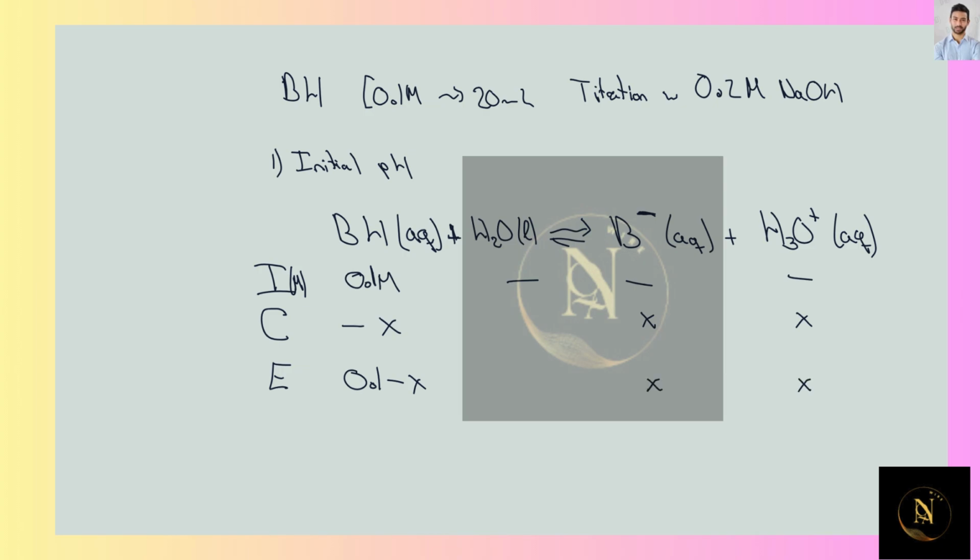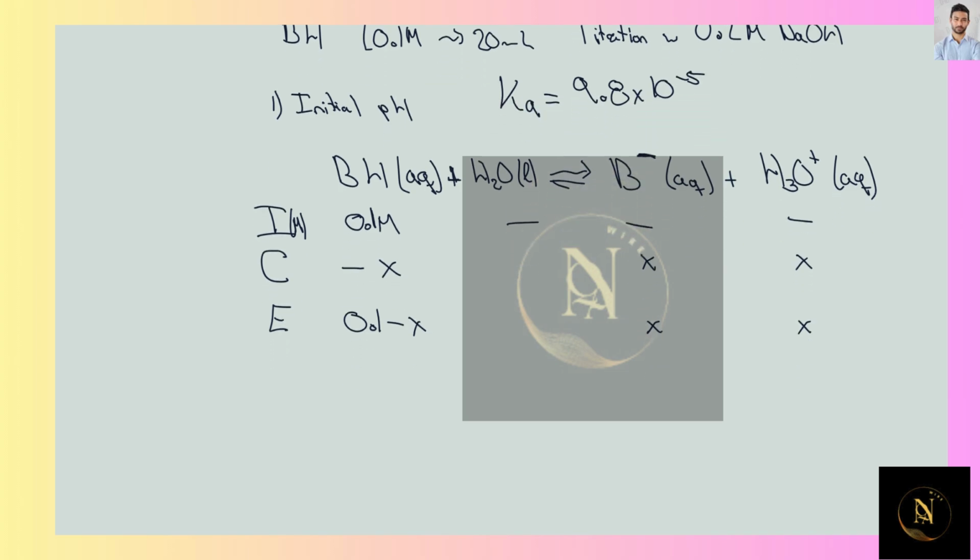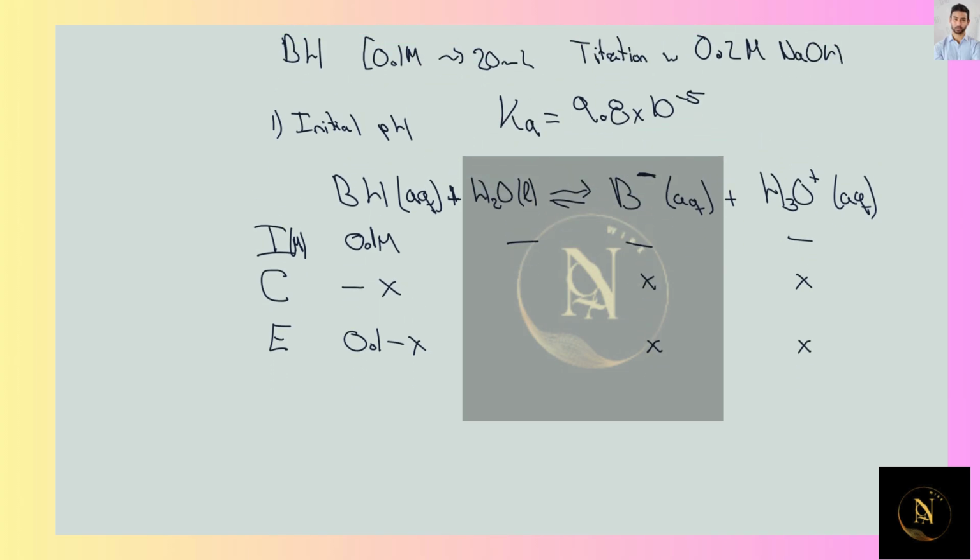Now, if we look at the value for Ka, the Ka for this acid is 9.8 times 10 to the minus 5, which means a very small dissociation of the acid when it comes into water.